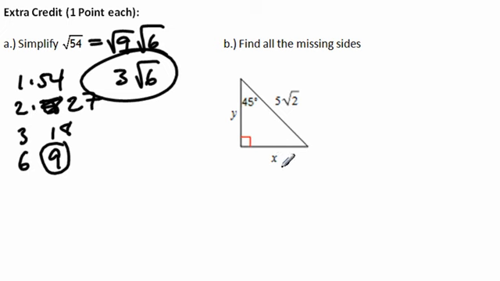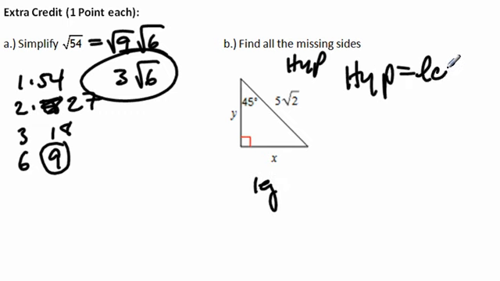In B, we want to find what x is. We look at this triangle. It's a right triangle. It's a 45, 45, 90 triangle. So I know this is the hypotenuse. This is the leg. And we know that the hypotenuse is equal to the leg times root 2.